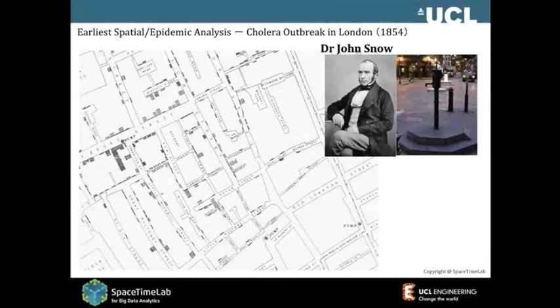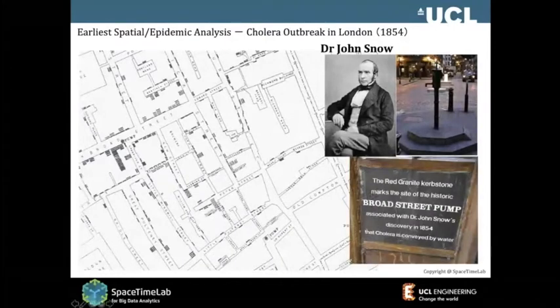This is a map manually made by Dr. Snow in 1854. He identified which households, indicated with these small lines, had been affected by cholera almost 150 years ago.